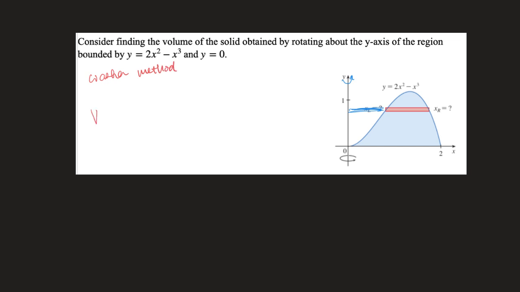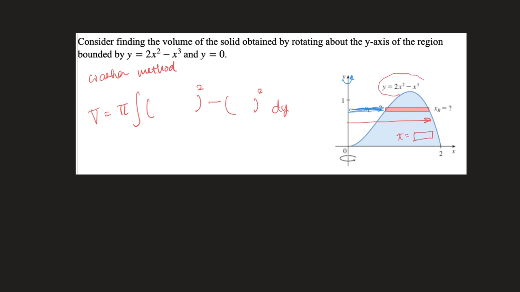So you're going to write down the volume as pi integral dy, since this one is rotating about the y-axis, of the longer radius squared minus the shorter radius squared. The longer radius is right there, so we have to find x equals something.